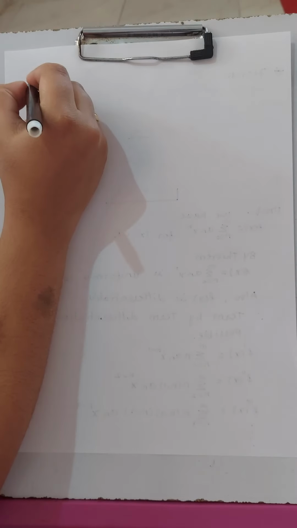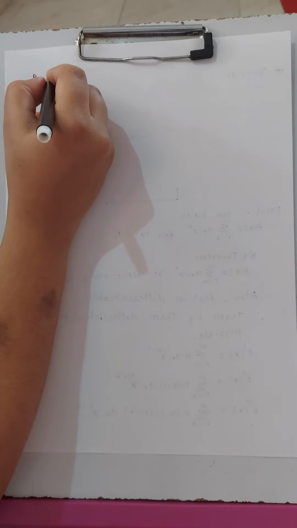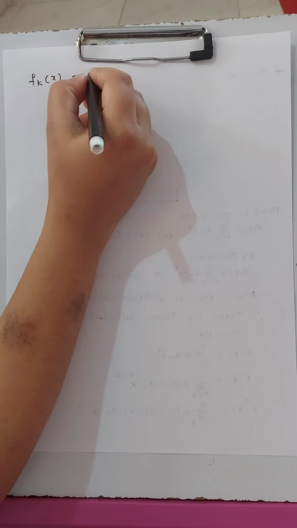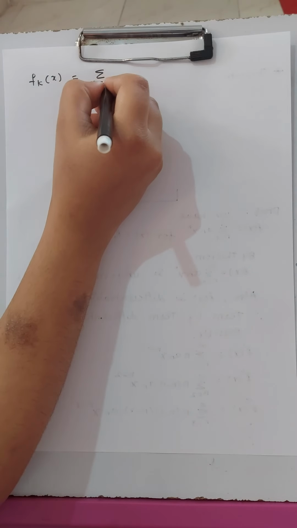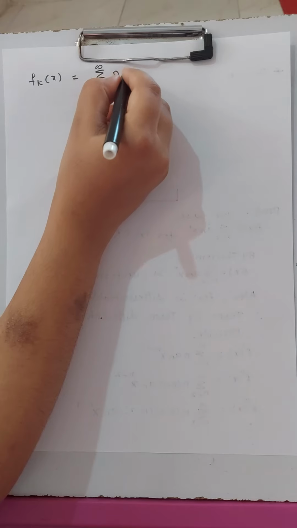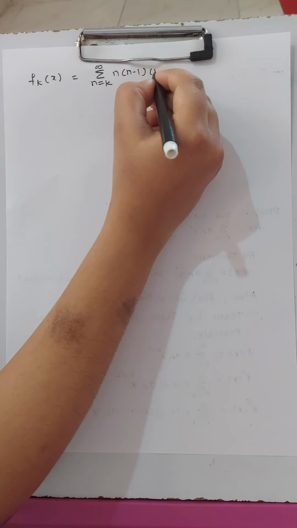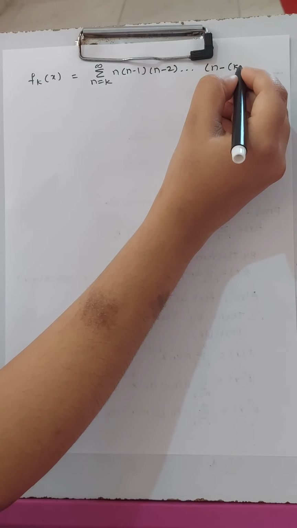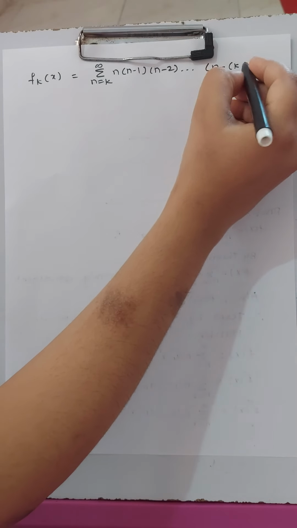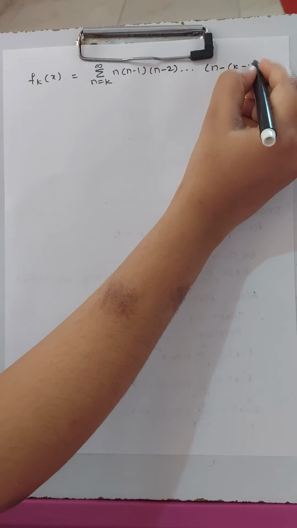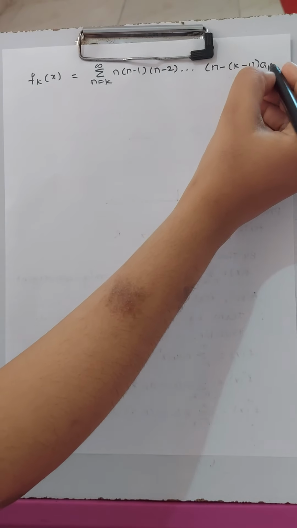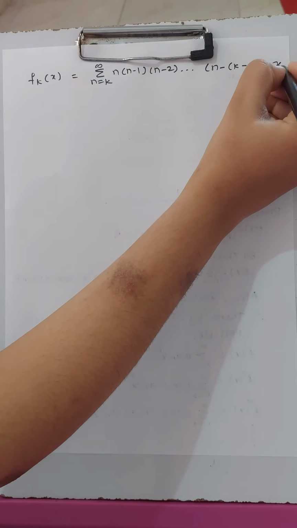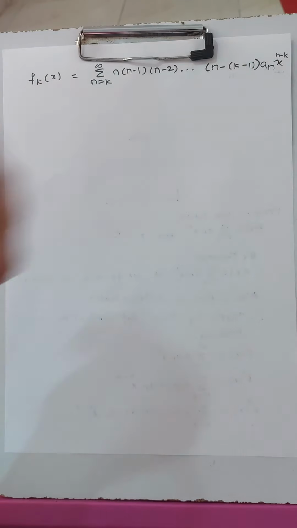The kth derivative will be f^(k) of x equals summation n from k to infinity n(n minus 1)(n minus 2) up to (n minus k plus 1) a n x to the power n minus k.